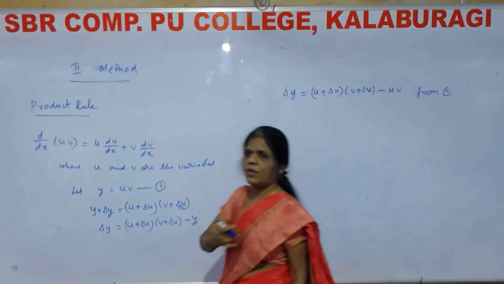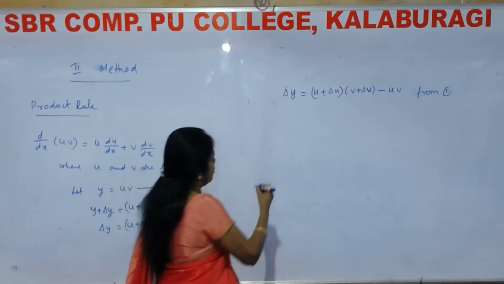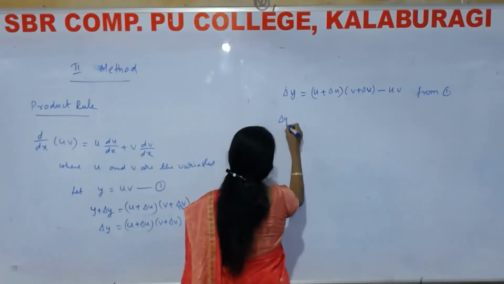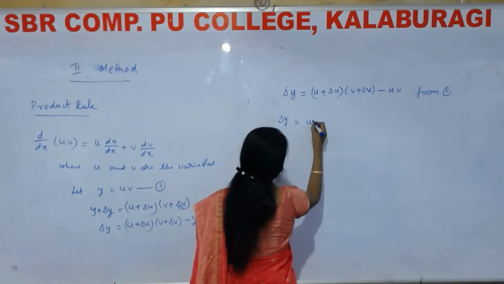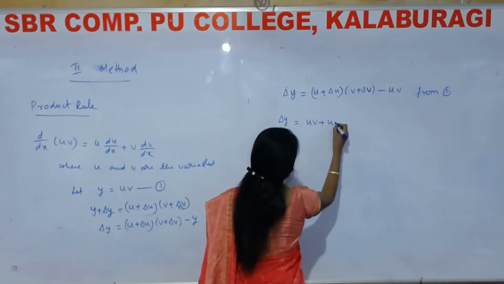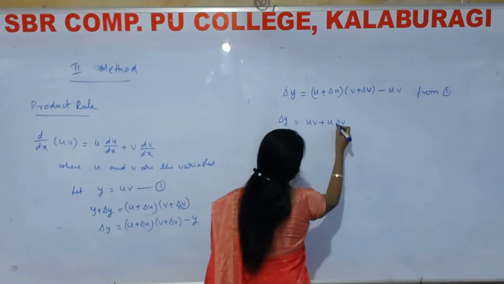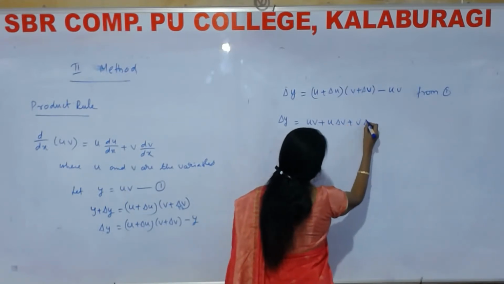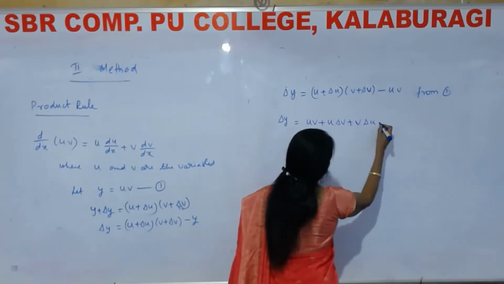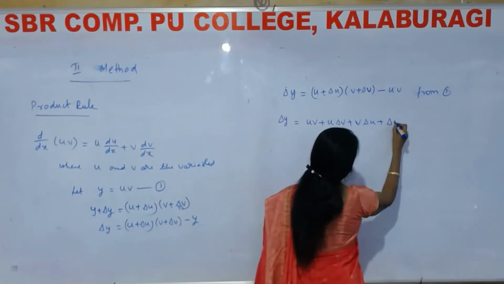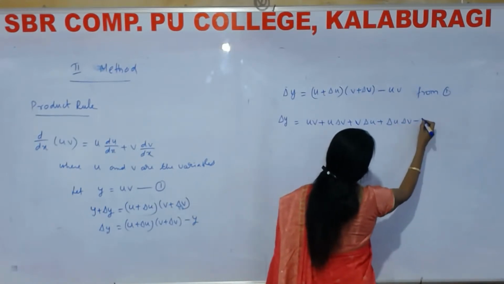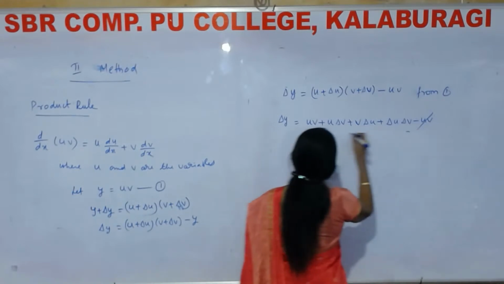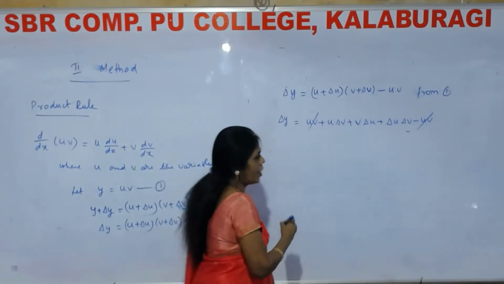All of you following it? Next one. Delta y equals uv plus u into delta v plus v into delta u plus delta u into delta v minus uv. These two get cancelled. Okay?